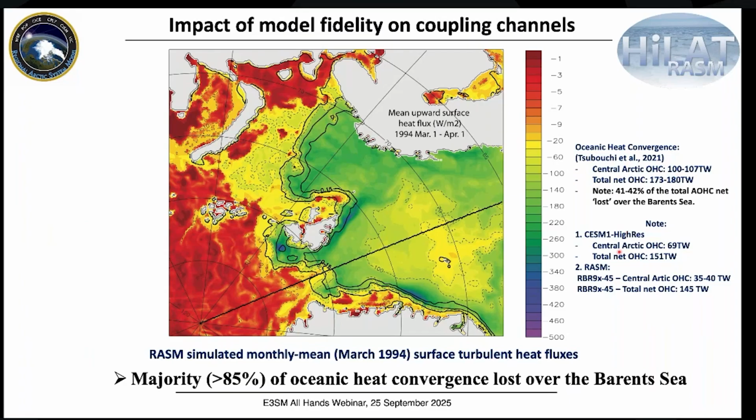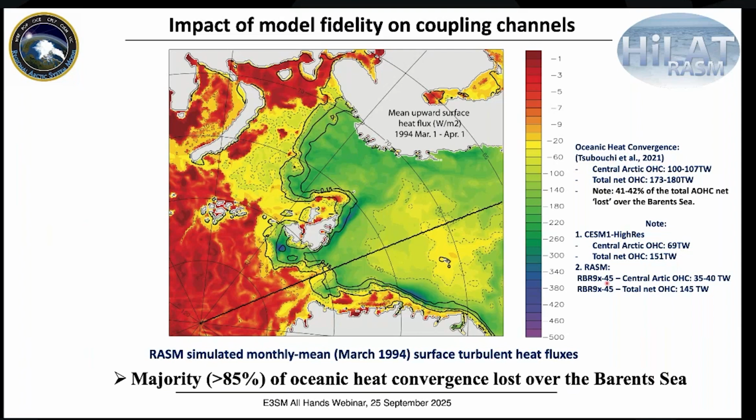This contrasts dramatically with at least 2 simulations that we found and performed. The first is the CMIP6 HighResMIP contribution from CSM. They had a 151 terawatt total with 69 terawatts converging into the central Arctic, and in this simulation, CSM had no ice in summer by the end of the simulation.